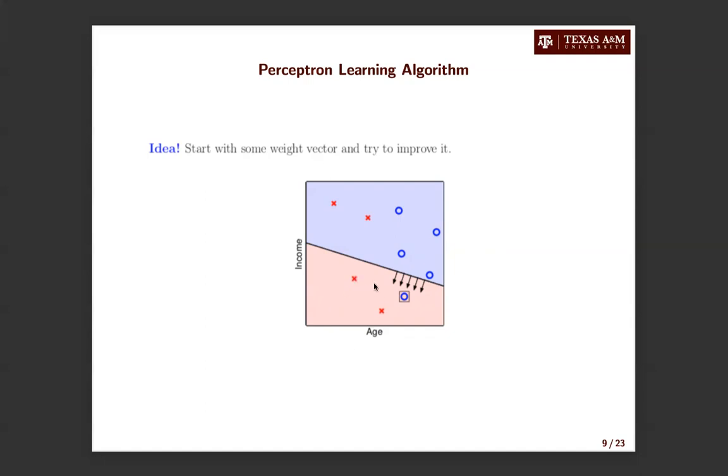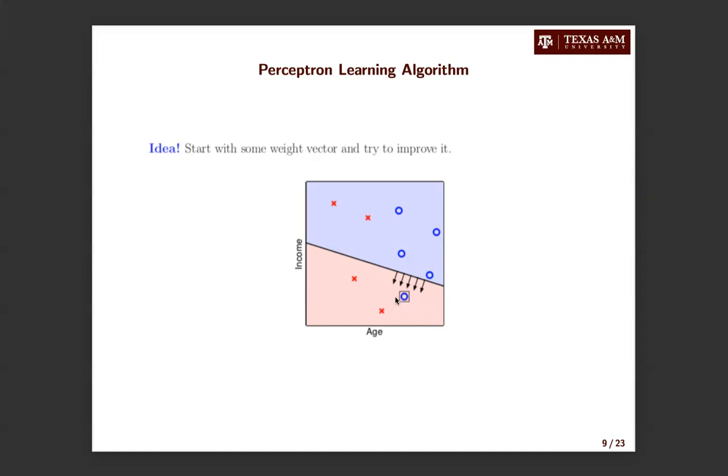So let's say that we have our positive and our negative samples here, which are being represented by the red and the blue colors respectively. We can assume that randomly we draw this line, which is represented by this black color.